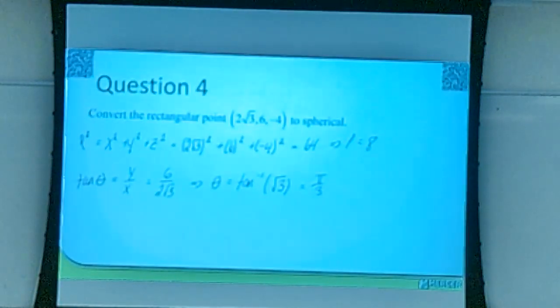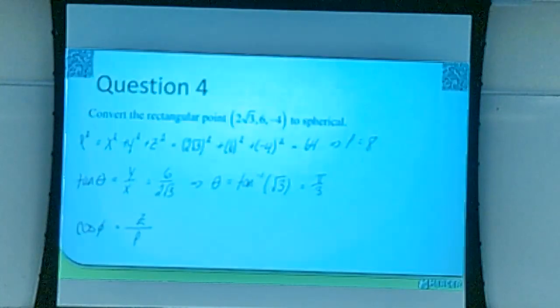Phi is given by cosine of phi equals z over rho. There are often two ways of seeing it written. I write it this way for simplicity.